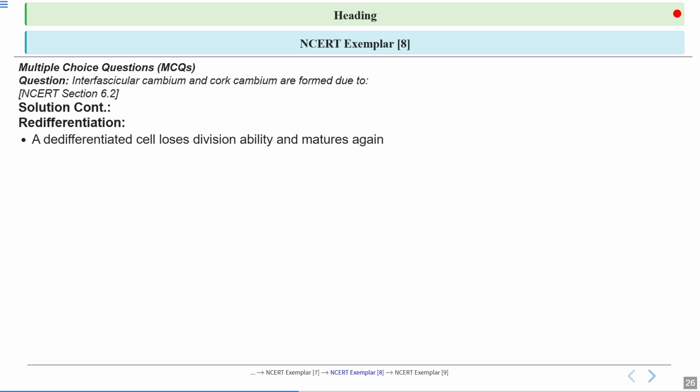This phenomenon is called redifferentiation. Differentiation, de-differentiation and redifferentiation you will study in detail in the plant growth and development chapter.